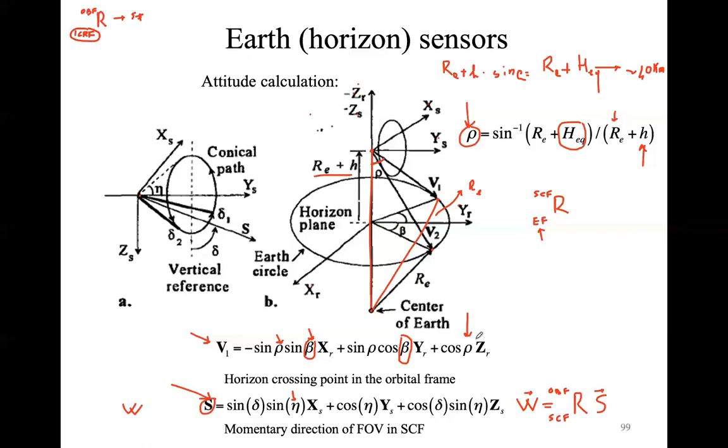This means that when you're trying to compute this vector in the reference frame of the sensor, the component will be a function of delta, that is your phase measurement from the detector, and eta, that is the semi-angle of the cone, of the conical path of the sensor.